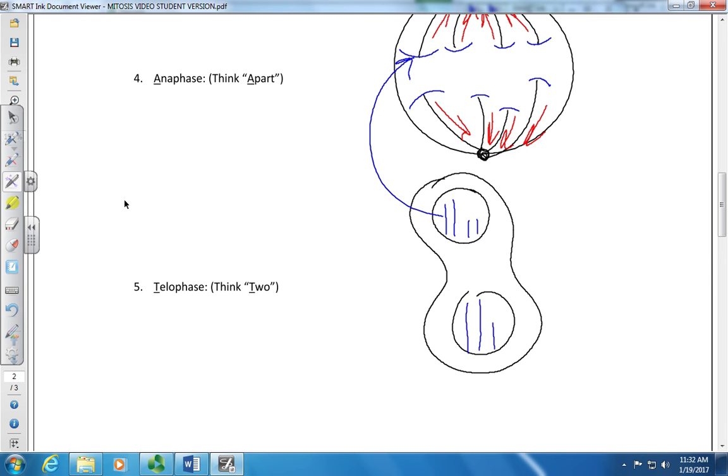Okay? Now, as you notice, the cell is taking on a new shape. So this dip right here in the center of the cell is known as cleavage. It's at that point where the cytoplasm is actually going to divide to create 2 cells.